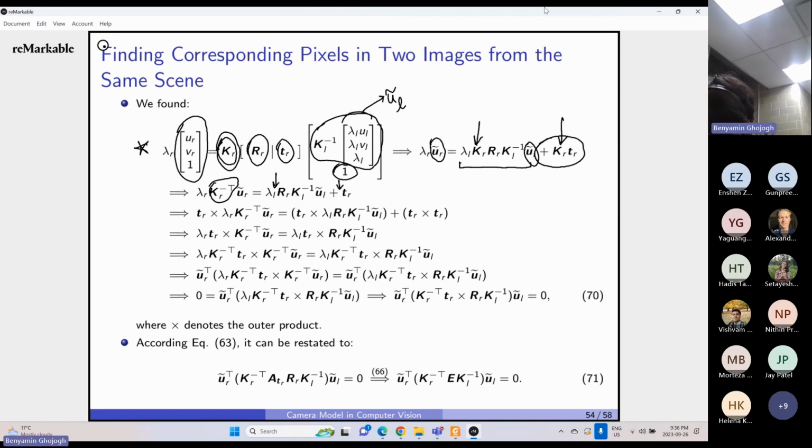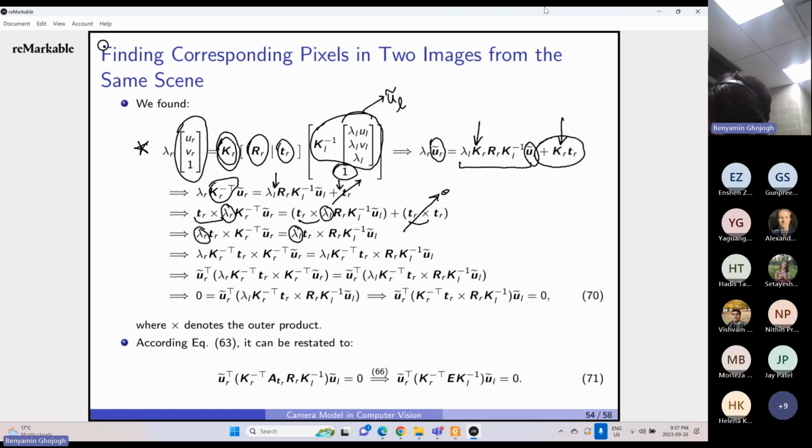Now what happens? Now I left multiply the sides by TR outer product as we did before. Why? Basically to get rid of this term, because TR outer product TR becomes 0. Then I know that lambda R is a scalar, so I can bring it out. Also lambda L is a scalar, I can bring it out, and the rest is as before. Then what do we do?